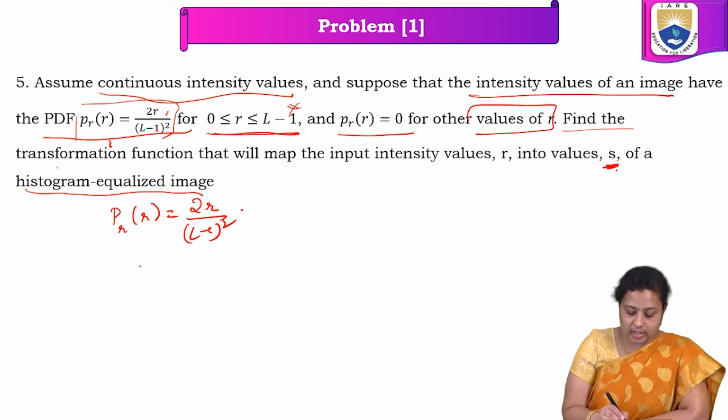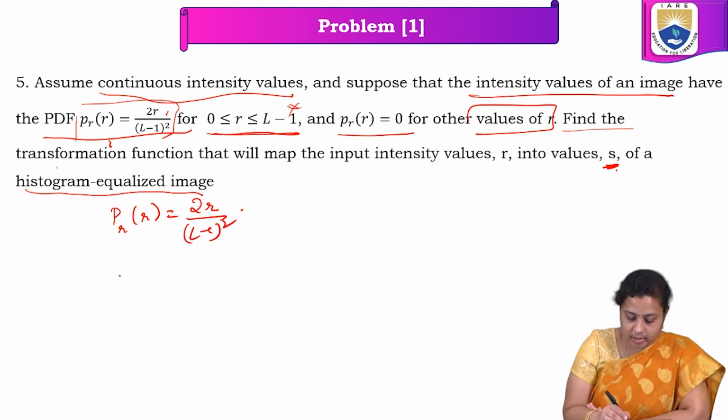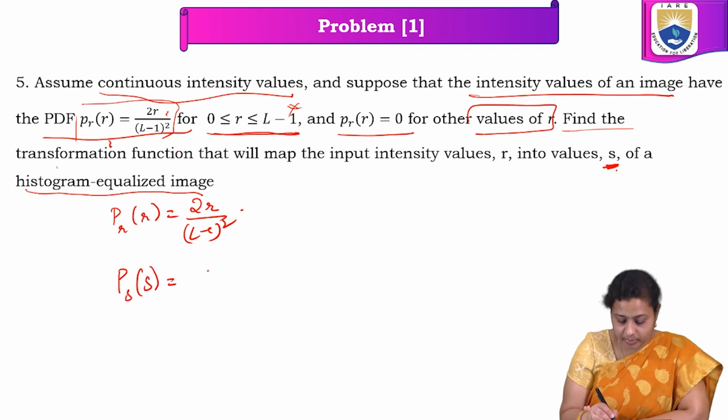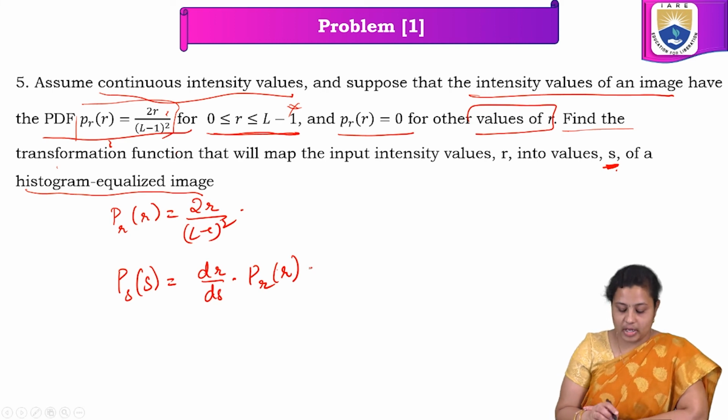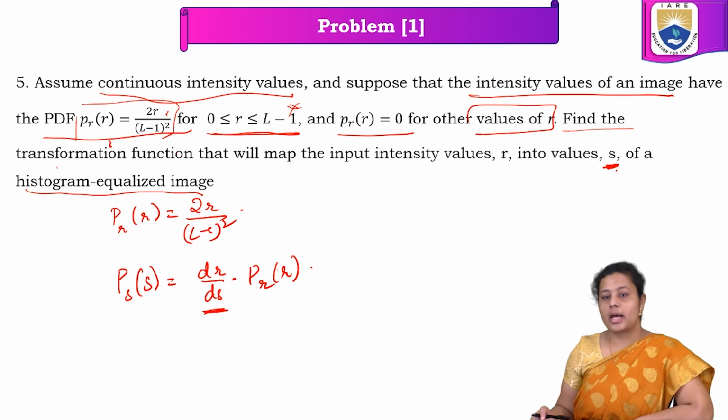We are trying to calculate my s value. First we have to calculate the probability of s, which is equal to dr/ds times the probability of r. So we have to calculate dr/ds.